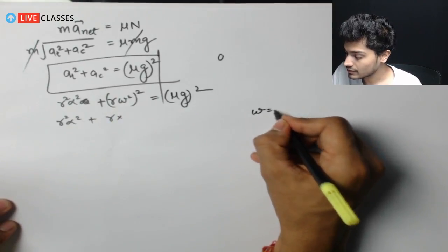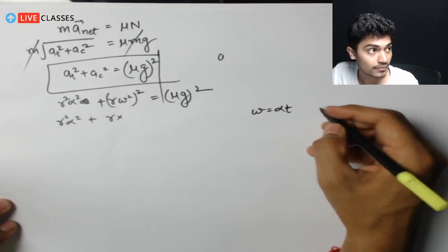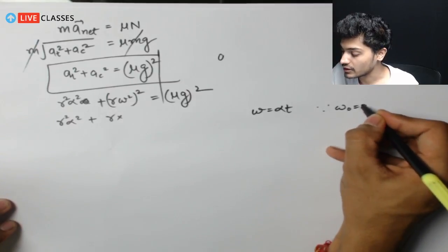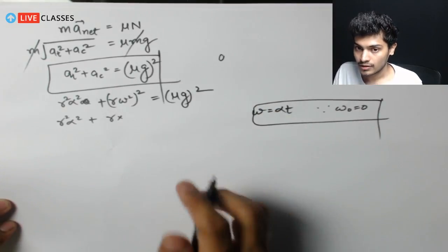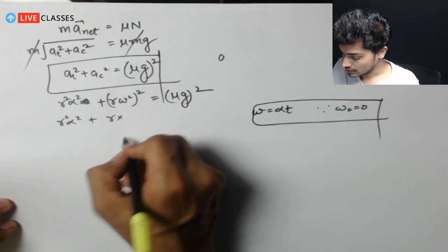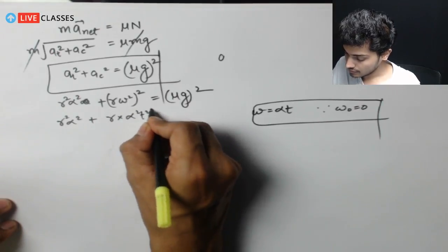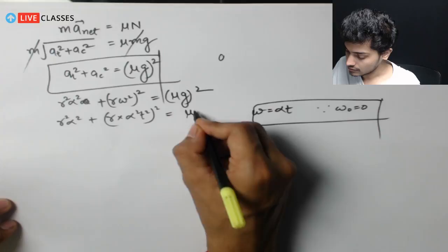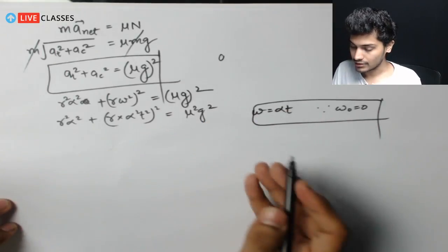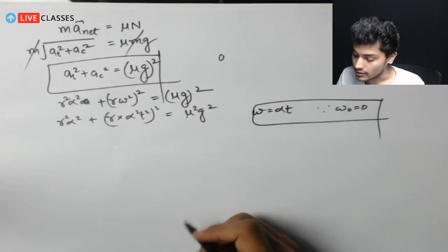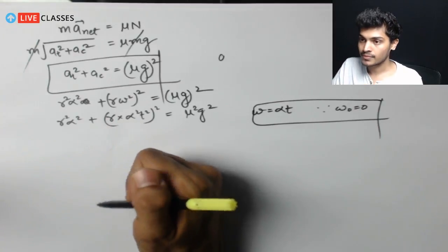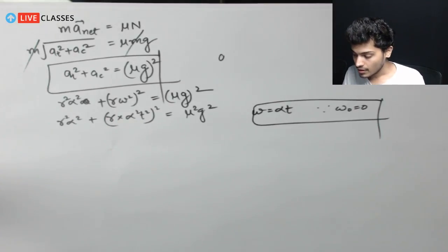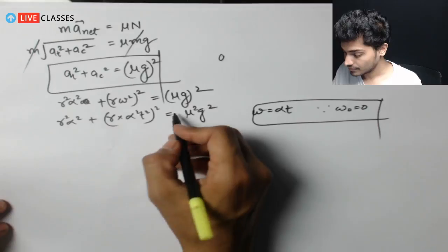So r square alpha square, we can write omega as alpha t, since omega naught is 0 given here. From here we can easily find the time t after which the block will start slipping.